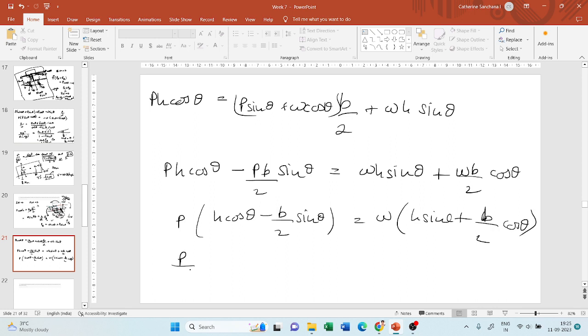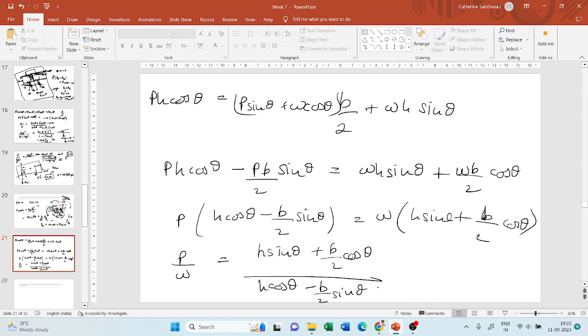So P by W, which is the impact factor, is equal to H sin theta plus B by 2 cos theta divided by H cos theta minus B by 2 sin theta. Here also you can divide it by cos theta.